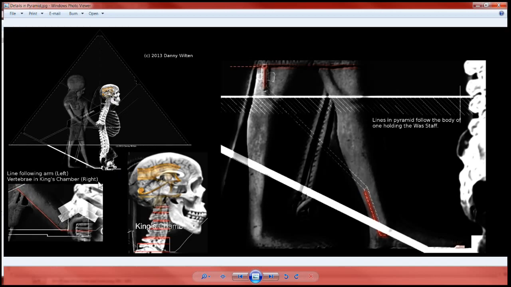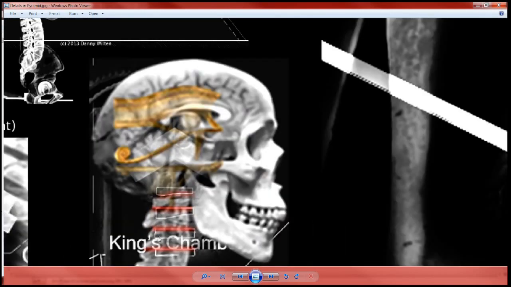And so the Great Pyramid, you see the lines down his arm and the vertebrae, and I've got these various vertebrae marked off. You can see at each line here, they represent a vertebra. We have 1, 2, 3, we have 4, 5, 6, 7.